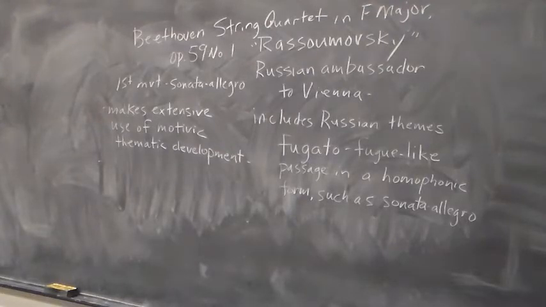That thematic idea is what he's going to use as the basis in the fugato passage that starts at the bottom of page 5. If you'll turn to that real quick.